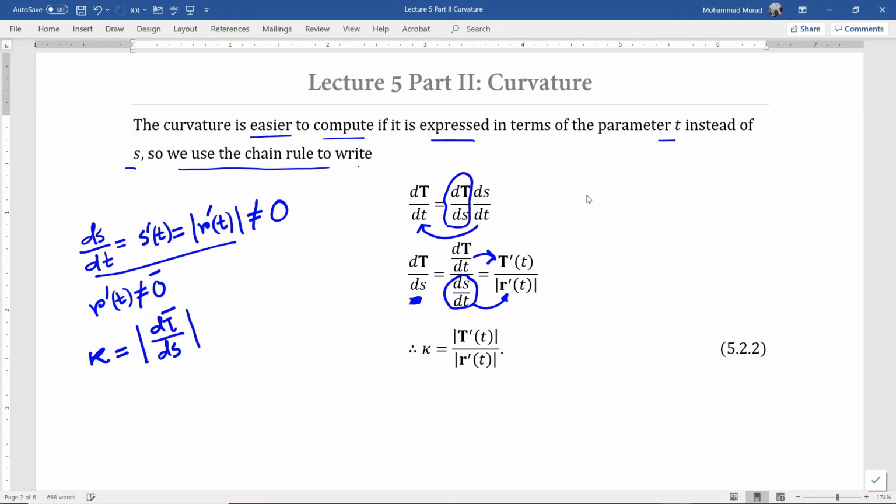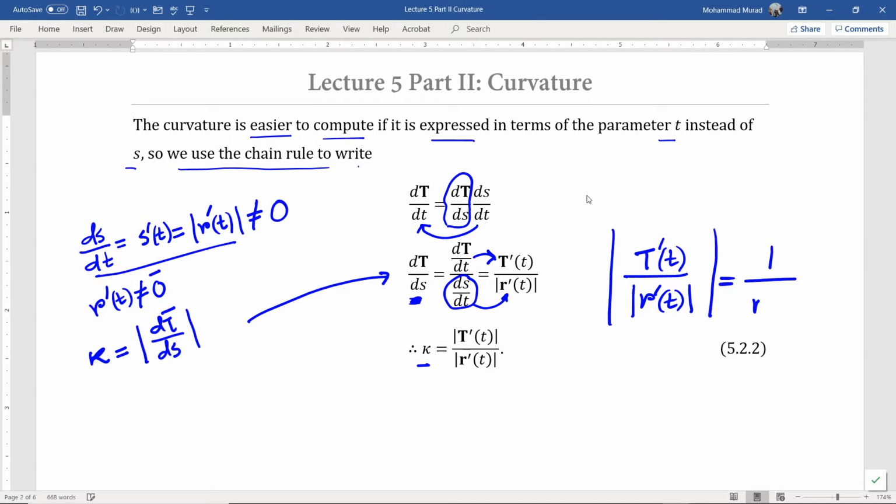Therefore, the magnitude of this vector is kappa, and we calculate the magnitude of the right hand side also, which gives 1 over the absolute value of the magnitude of r prime times the magnitude of T prime.